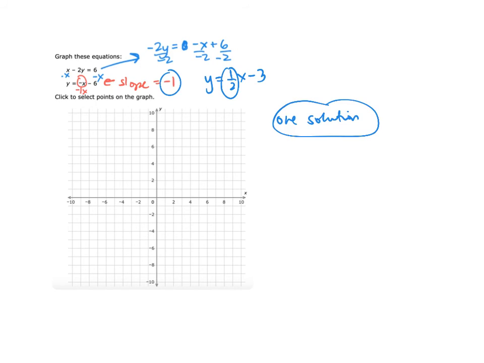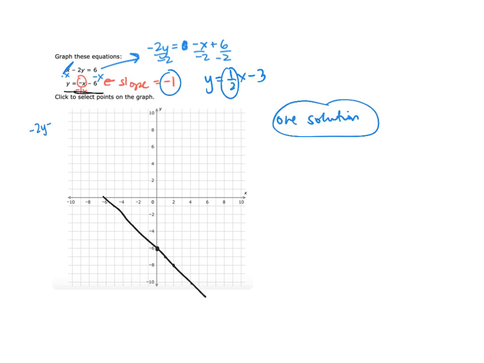And then to graph them, right, this one's already in slope-intercept form. So we can start at -6, and then my slope is -1, so down 1 over 1. So this is my line there. And then for the other one, again, you want to do standard form. When x is 0, that goes away.